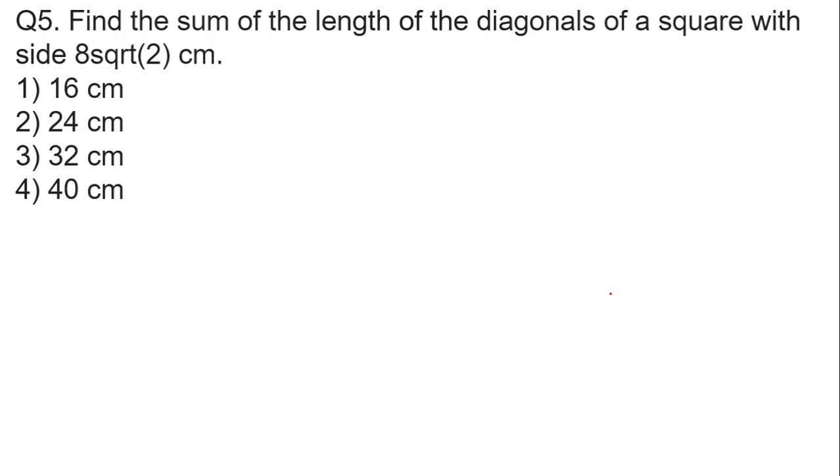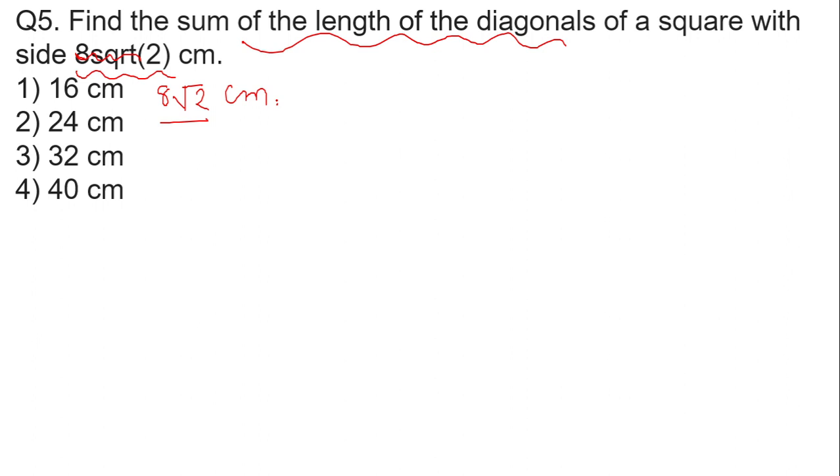Here, in this question number 5, we have to find the sum of the length of the diagonals of a square with the side given as 8 square root 2 centimeter.